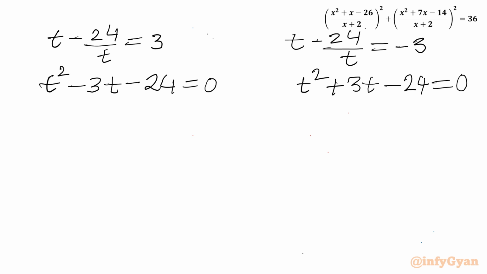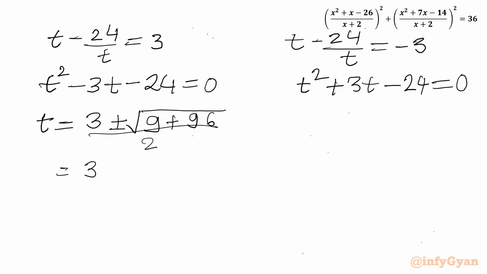Now this is one quadratic equation. Let's apply the quadratic formula. t = (−b ± √(b² − 4ac))/2a. So I will be writing here 96. It will come out (3 ± √(9 + 96))/2.